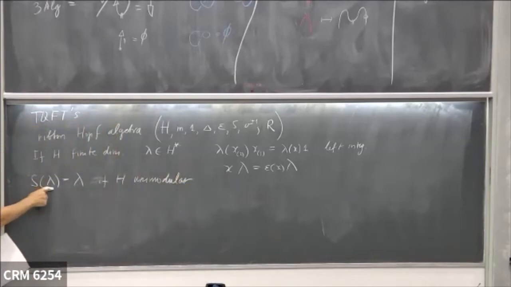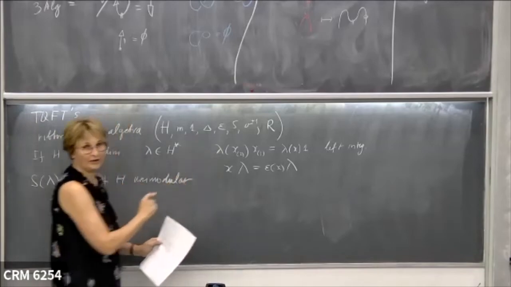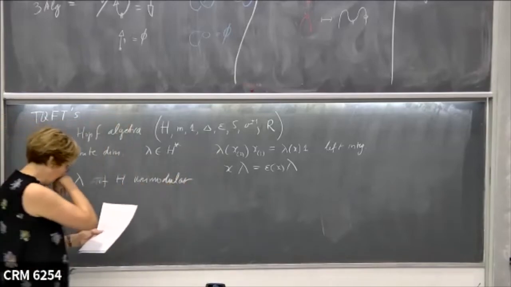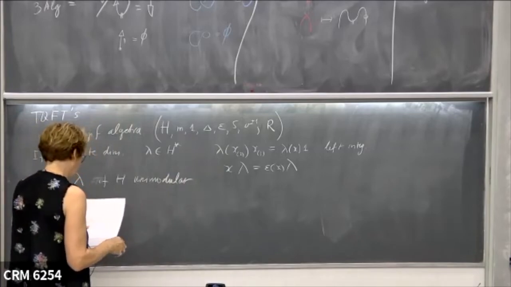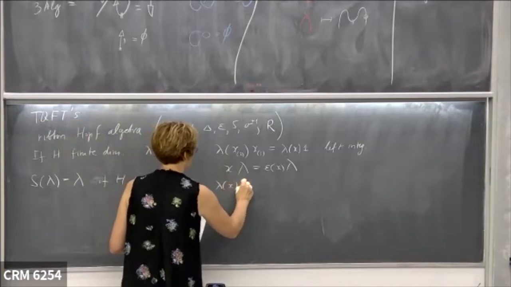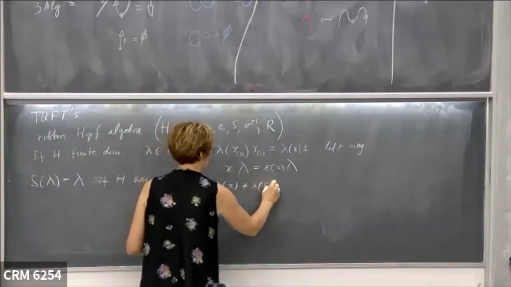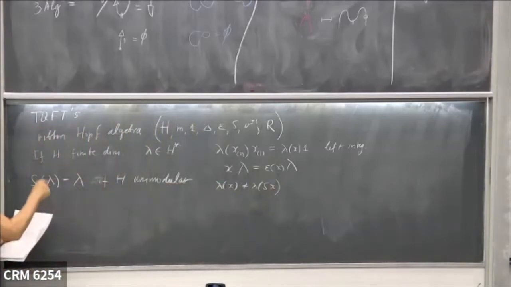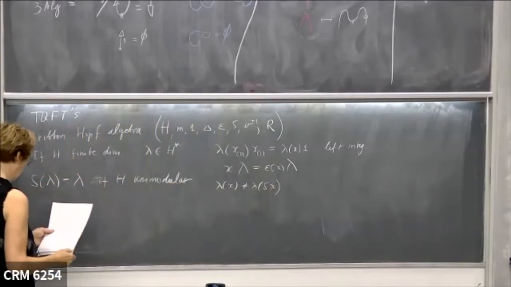So that co-integrals are S invariant, but you do not have this property for the integral. So this form is not S invariant in ribbon Hopf algebras usually, and so lambda of x is not equal to lambda of Sx, because otherwise it would be two-sided integrals.